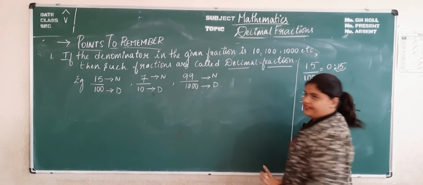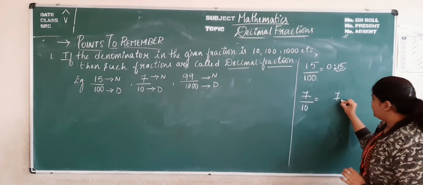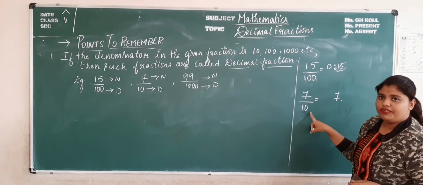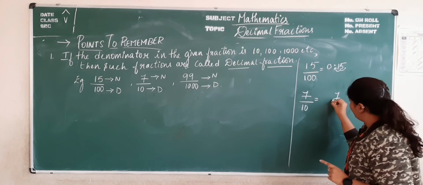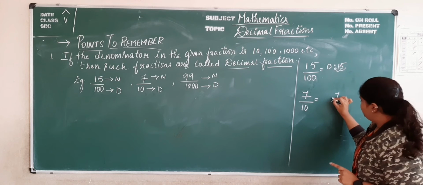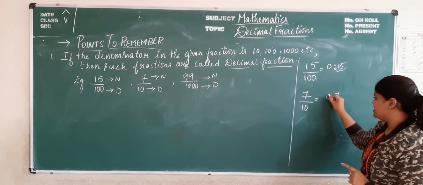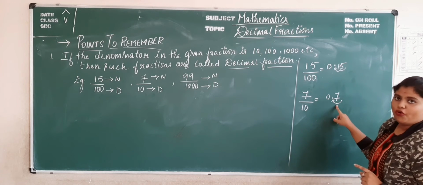If I see the next example, 7 by 10. First I will write the numerator 7. After that I will write one point. I see the number of zeros in the denominator. How many zeros are there? 1. So I shift the point one place towards the left. No number is there, so I write 0. So 7 divided by 10, we will get 0.7.